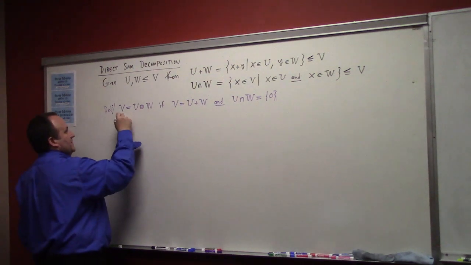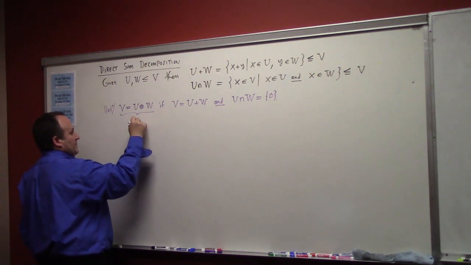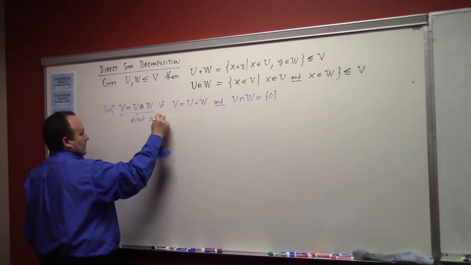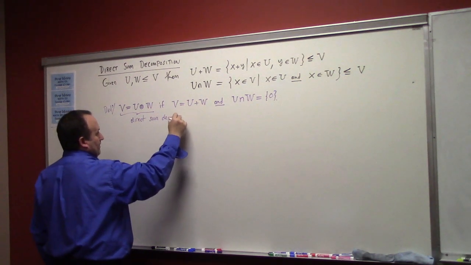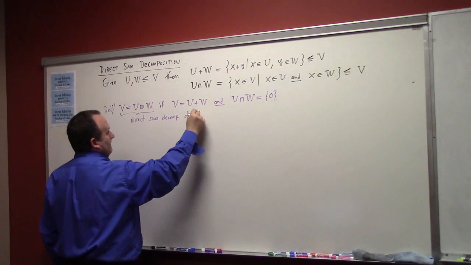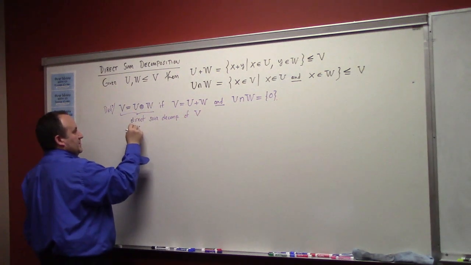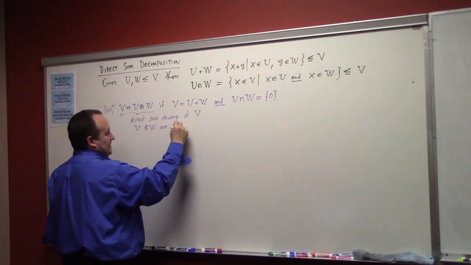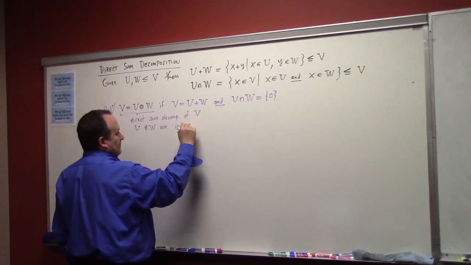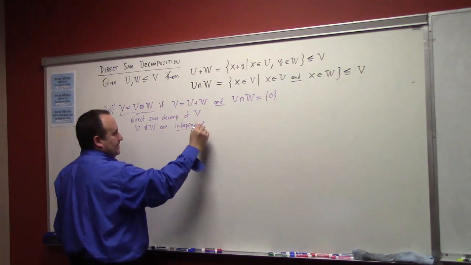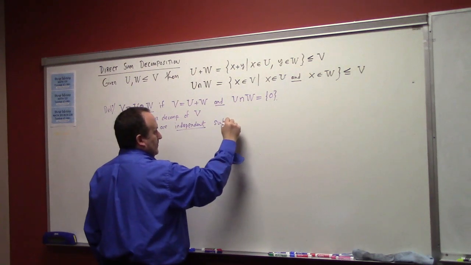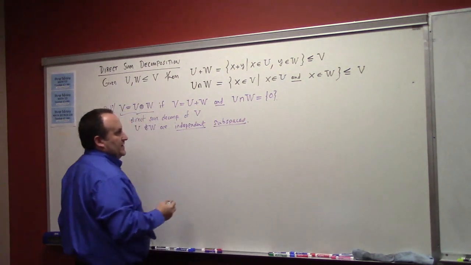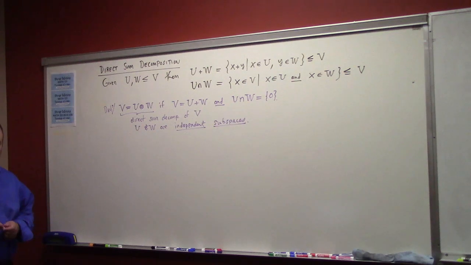This is the so-called direct sum decomposition of V. And in this case, U and W are so-called independent subspaces.